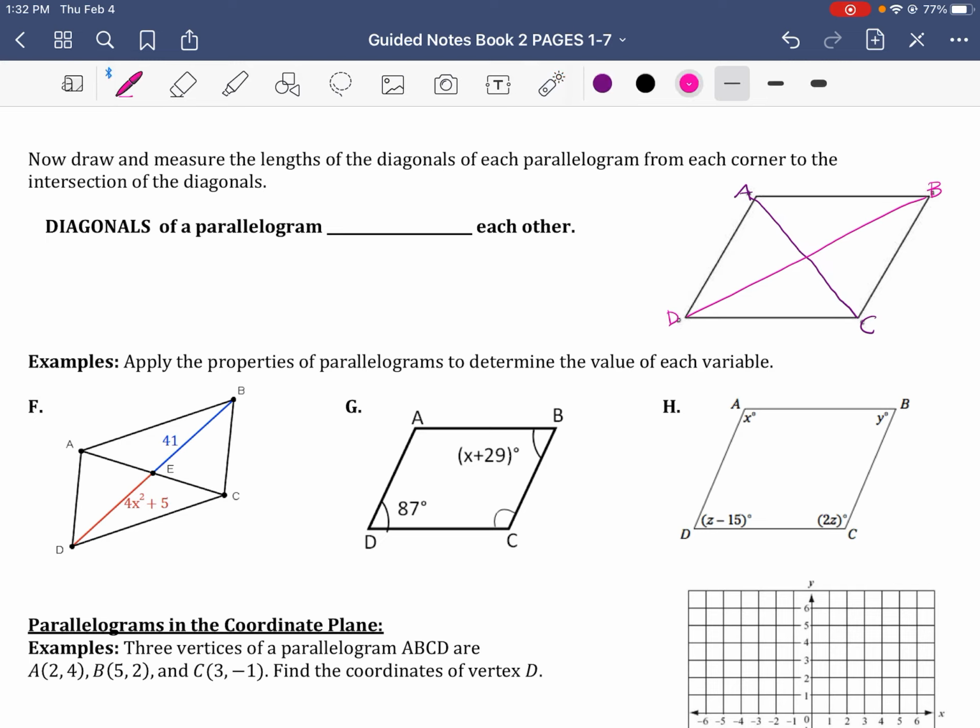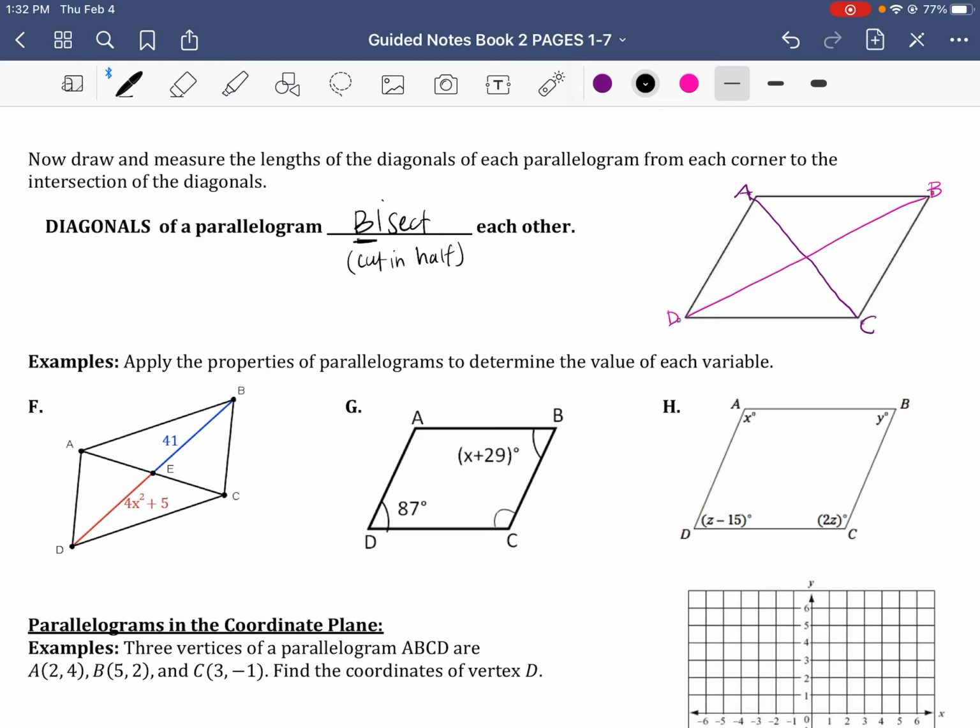But the cool thing about diagonals is they actually bisect each other. We're going to use this term over here, bi, meaning two equal pieces. So bisect means they cut in half, or two equal pieces.